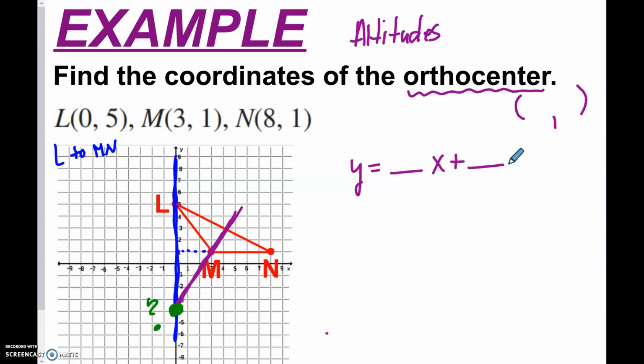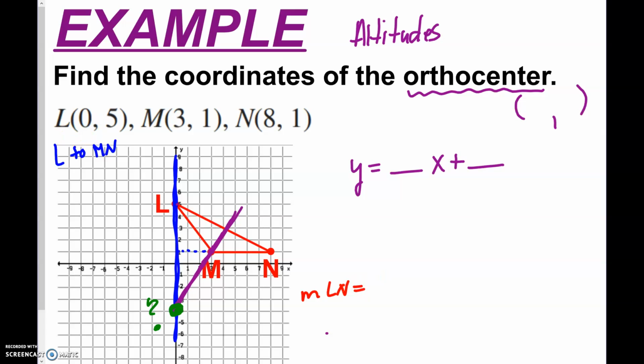I only know one point that is on that purple line, but I do know that LN has to be perpendicular to it. So I am going to find the slope of LN.